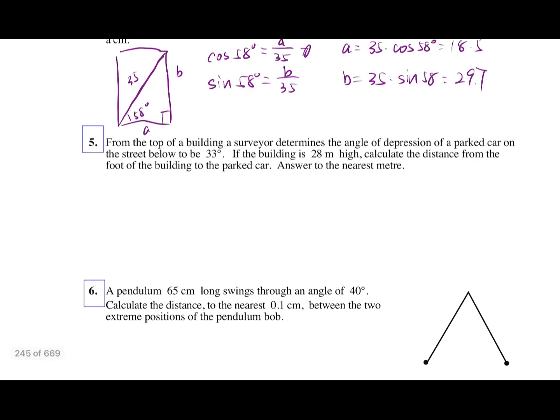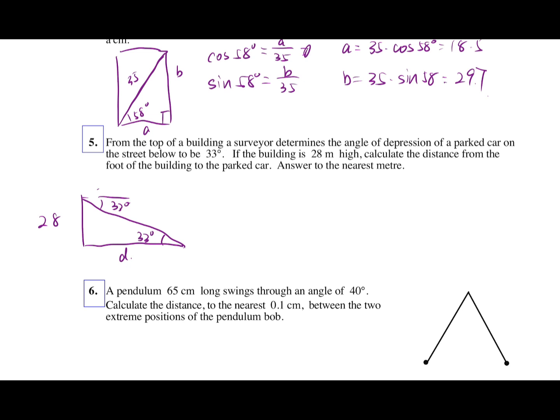And for number 5, the building is 28, and we need to find the car. The car is here, and this is the angle of depression. This one is 30, and then of course this one is 33, and we need to find the distance, which is this one.